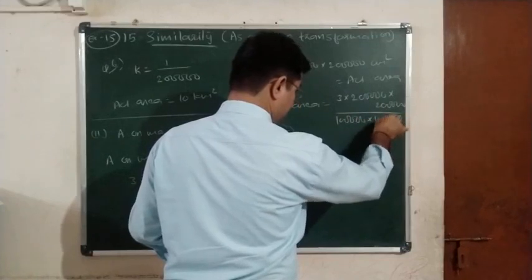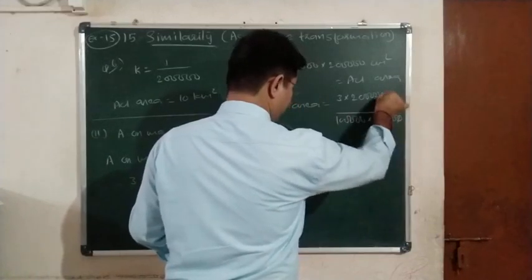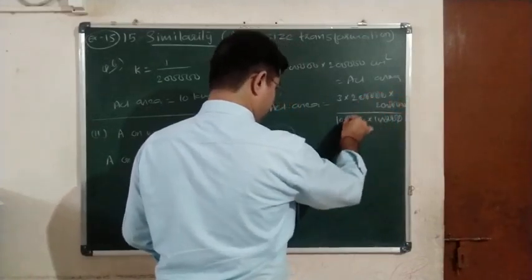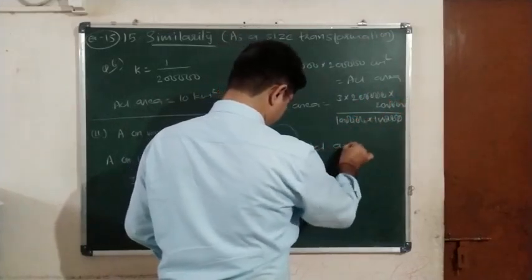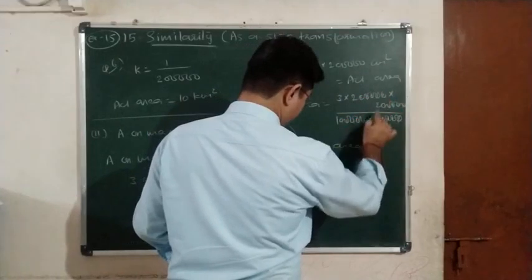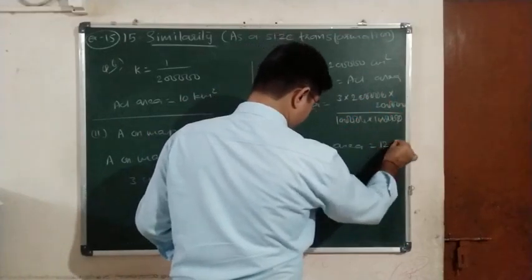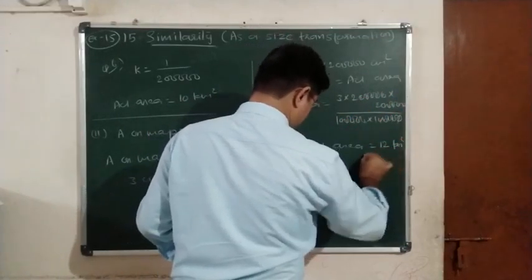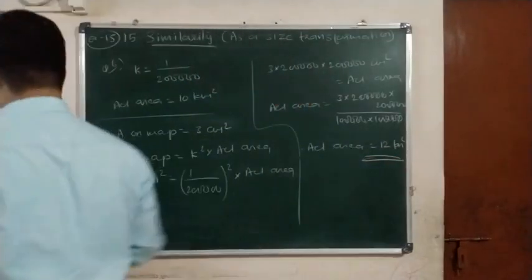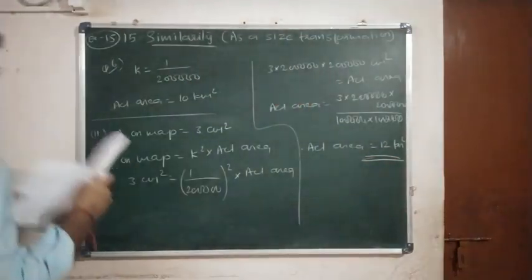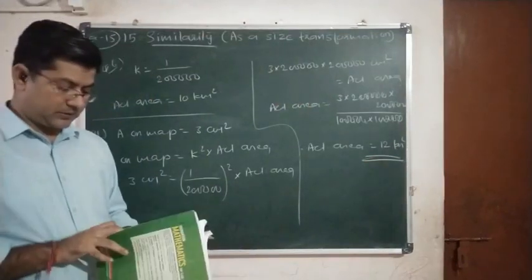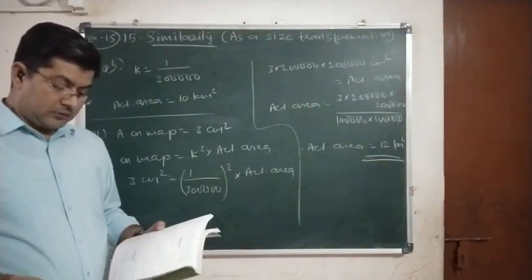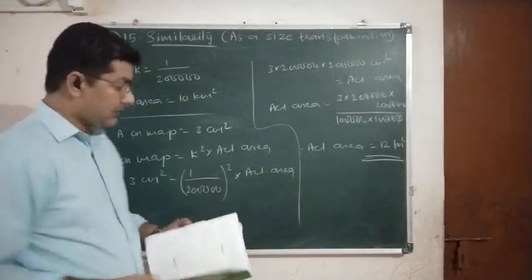So these 10 zeros will get cancelled, and we are left with the actual area, which is 2 fours are 8, 3 into 4 is 12 square kilometers. This is the answer, question number 6, second one: 12 square kilometer.